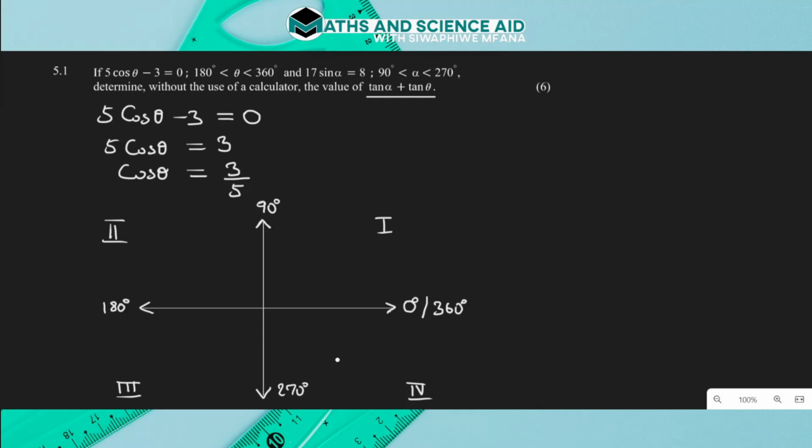And now, you must also remember that all students take a calculator, which means that in the first quadrant, all trigonometric ratios are positive. In the second quadrant, only the sine ratio is positive, while in the third quadrant, it's only the tangent ratio that is positive, and lastly, in the fourth quadrant, it's the cosine ratio that is positive.